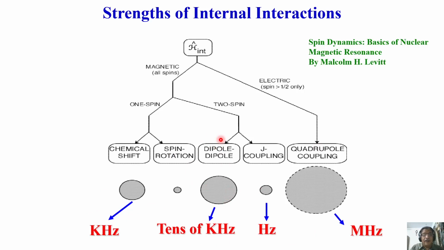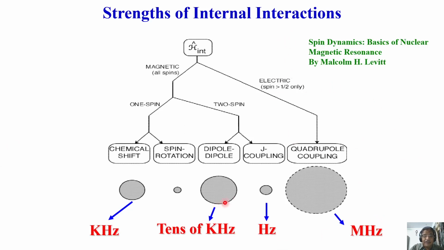It can go from 10, 20, 30, 40 kilohertz, depending upon the orientation, the ordering. And chemical shift is of the order of a few kilohertz, 5 to 10 kilohertz, depending upon the type of nuclei. Or it can be very large. If you go to some exotic nuclei like cobalt and others, you can have about 50, 60 kilohertz. Much more. So this gives a rough idea about the strengths of different types of interaction.